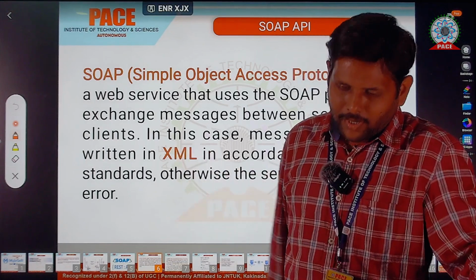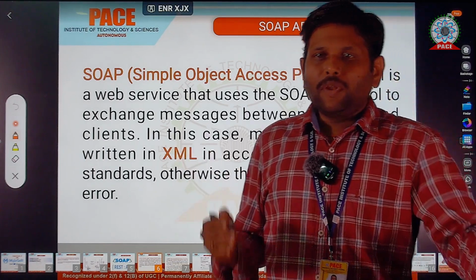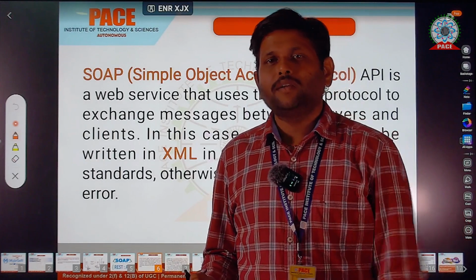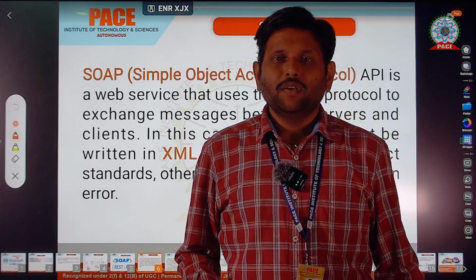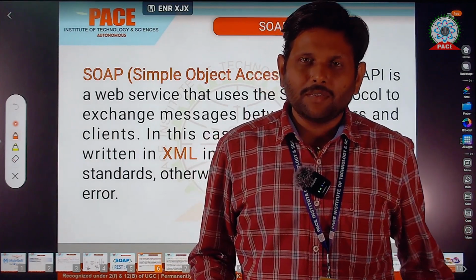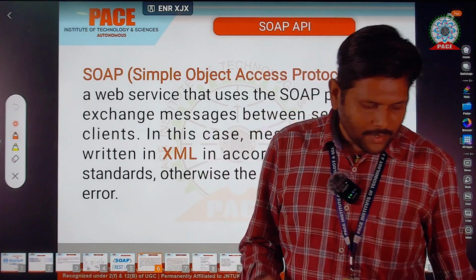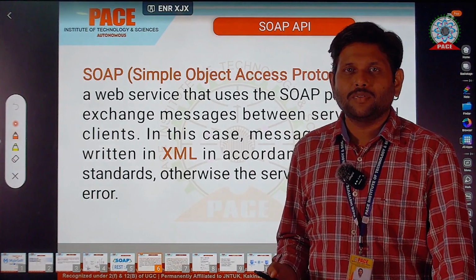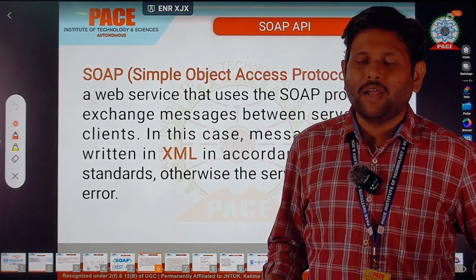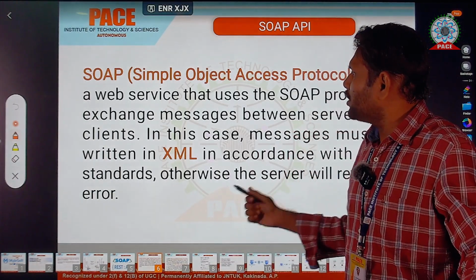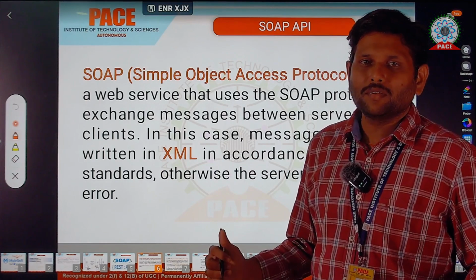In previous days we had both SOAP and REST APIs, but nowadays we mostly use REST APIs. Why we use only REST APIs instead of SOAP APIs, we will see later, because we have some limitations with SOAP APIs, which we will discuss. That is why we are not using SOAP APIs now.